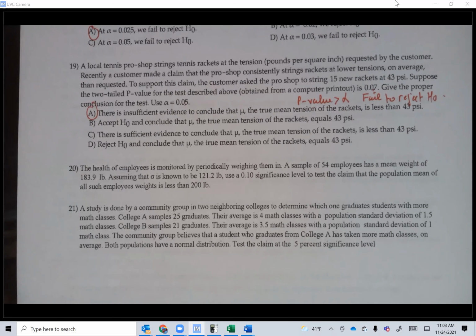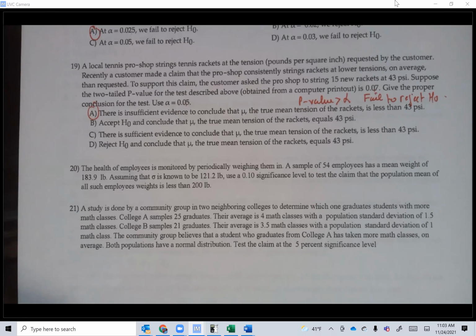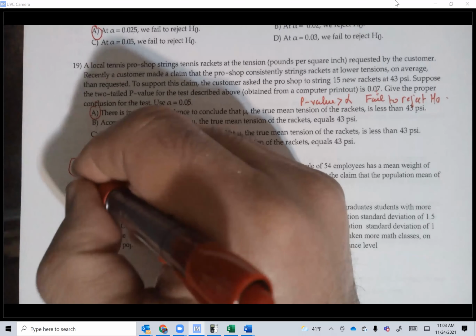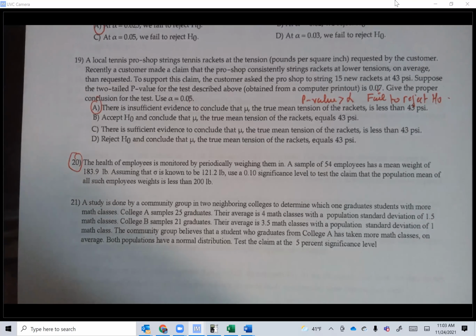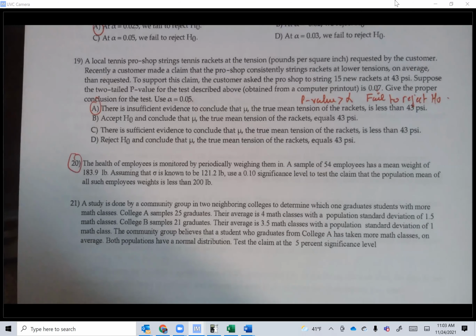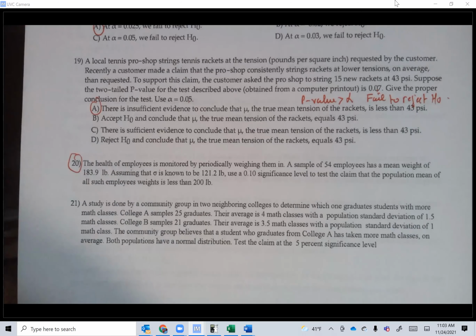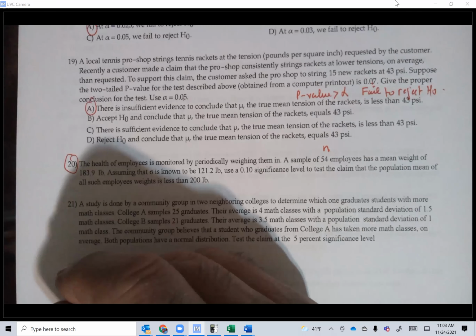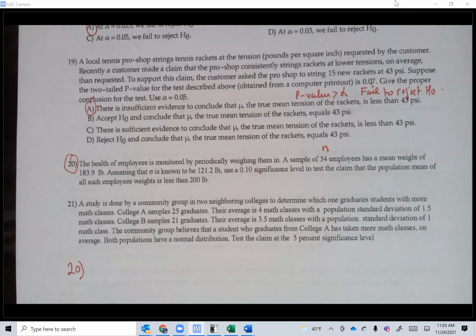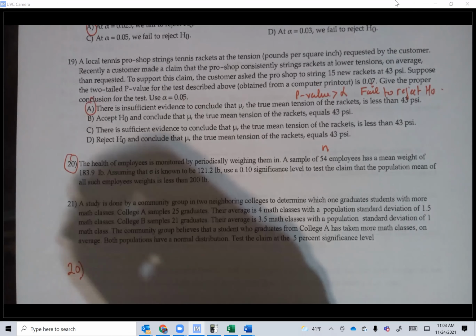Okay, you notice, guys, that I haven't done any questions from 7.2, so it's coming right now with sigma is known. So number 20. The health of employees is monitored by periodically weighing them. A sample of 54 employees, so that's N, has a mean weight of 183.9.